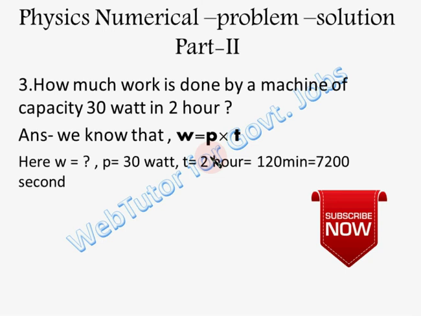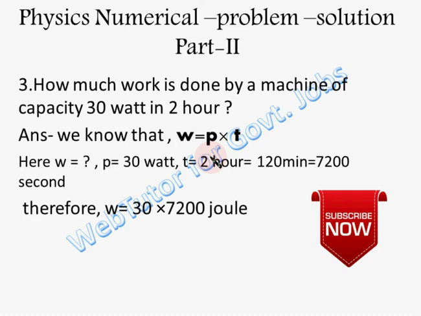हम लोग पहले भी बता चुके थे कि टाइम को सेकेंड यूनिट पे हम कन्वर्ट करना है. So 2 hour, if we convert 2 hour to second, then what do we get? We get 7200 seconds. And we have P is equal to 30 watt. Then how much work is done by the machine? Put the value in this equation.